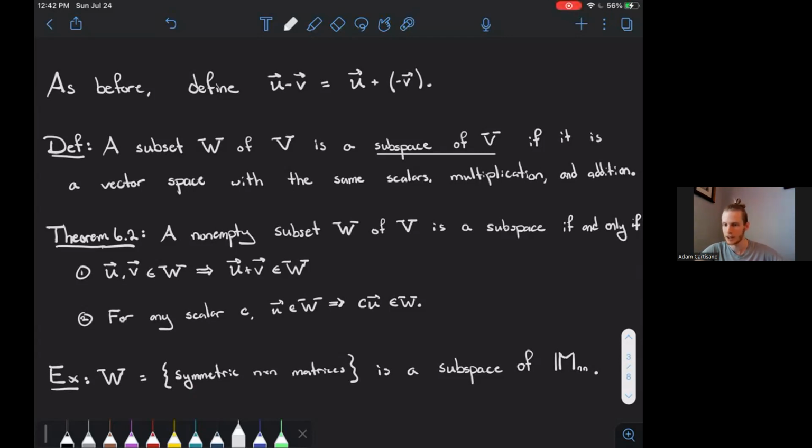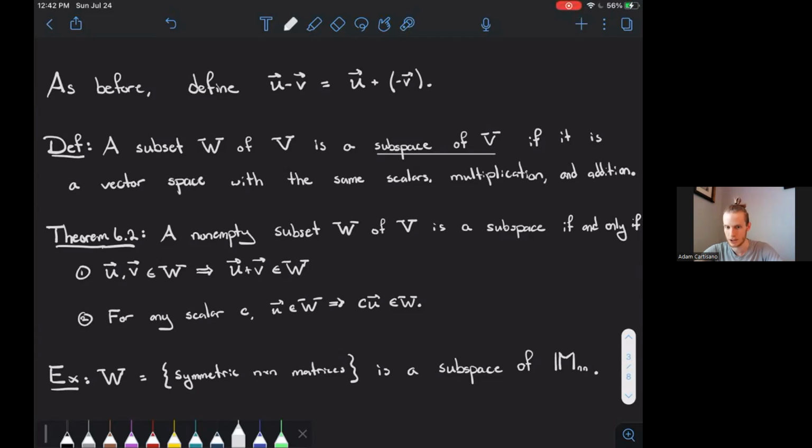We saw that, right? So that's a subspace. But if someone hands you some specific subset and asks, is this a subspace? What are you going to do? Check 10 properties? That's painful.